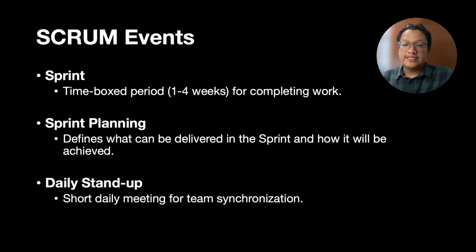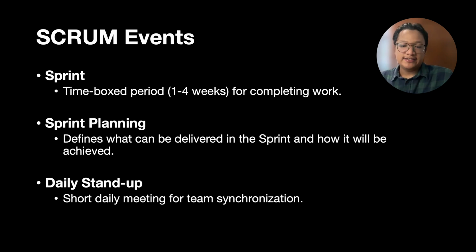And Scrum organizes work into several key events to maintain regularity and minimize the need for unneeded meetings that are not defined in Scrum. These events are the sprint, sprint planning, daily stand-up meeting, sprint review, and sprint retrospective. The first one, sprint.